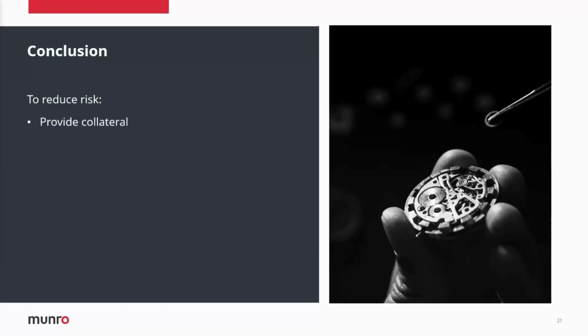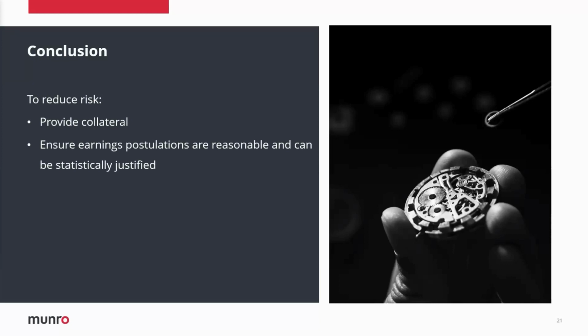So please, in all instances, provide collateral. Ensure the earnings postulations are reasonable and can statistically be justified. And that is in particular for the industrial psychologists. Like I said, we really think industrial psychologists will benefit from the SAOPSA guidelines to provide watertight reports on which we can confidently base our calculations.